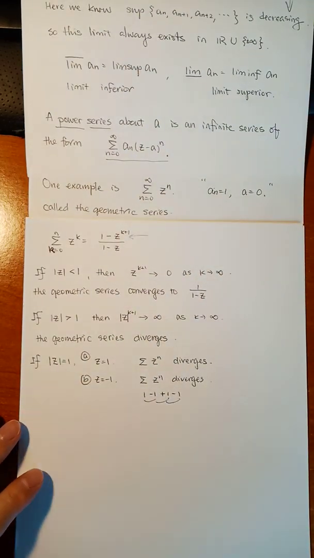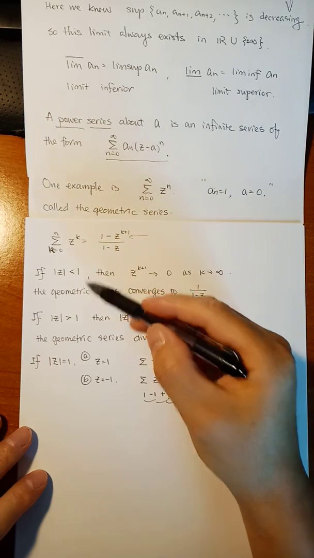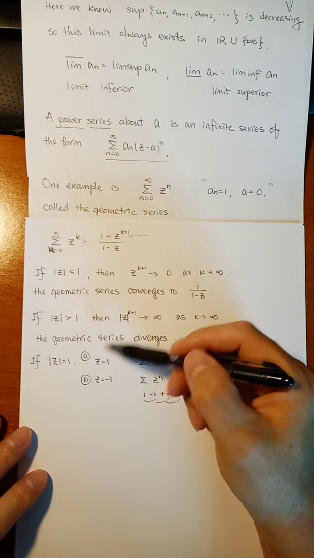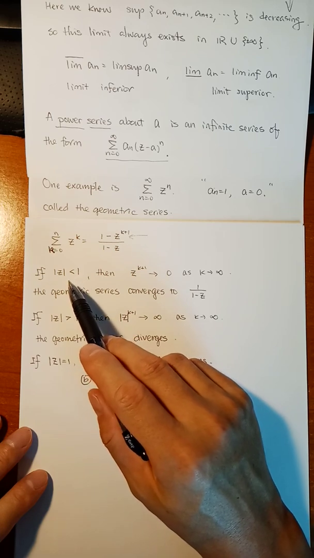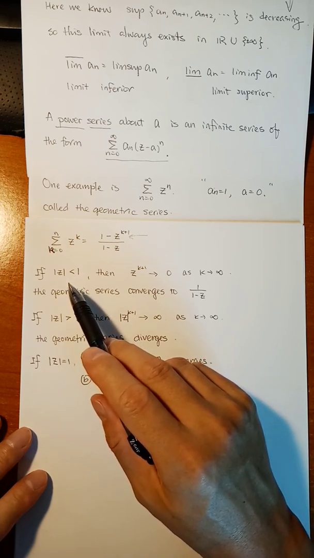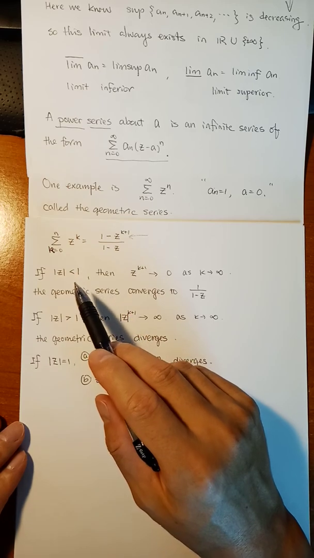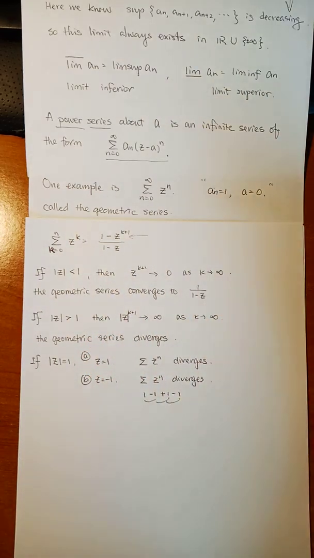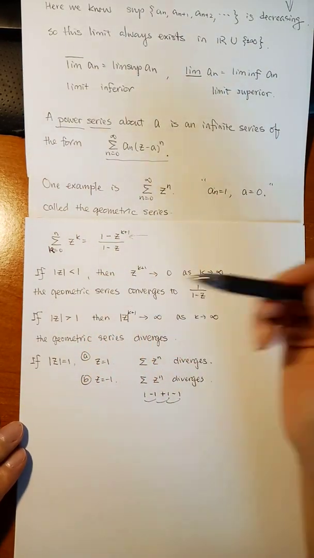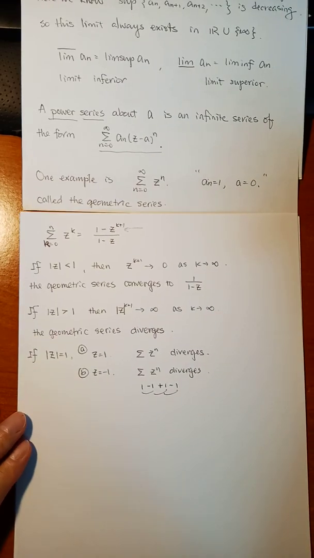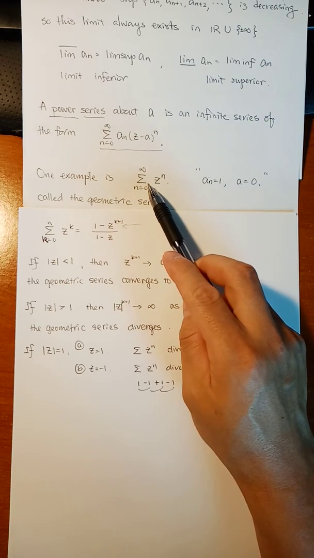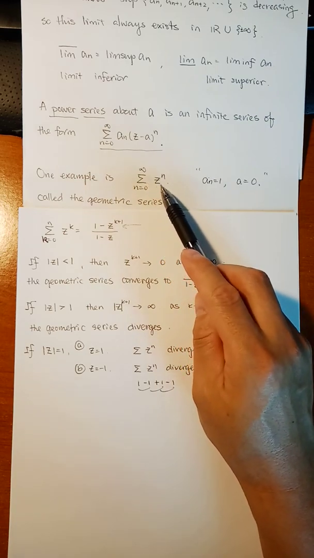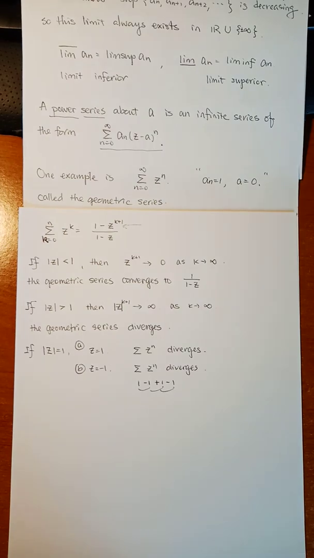From this three-case discussion, we know that the geometric series makes sense if and only if the absolute value of z is less than 1. So from this example, we also know that the power series sometimes converges, sometimes does not converge, right?